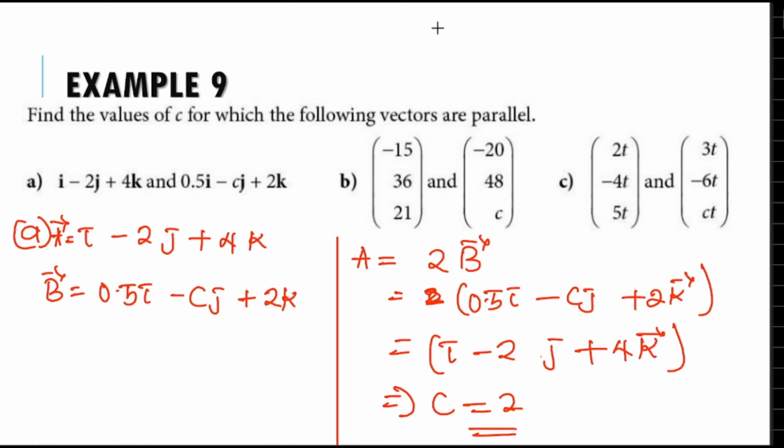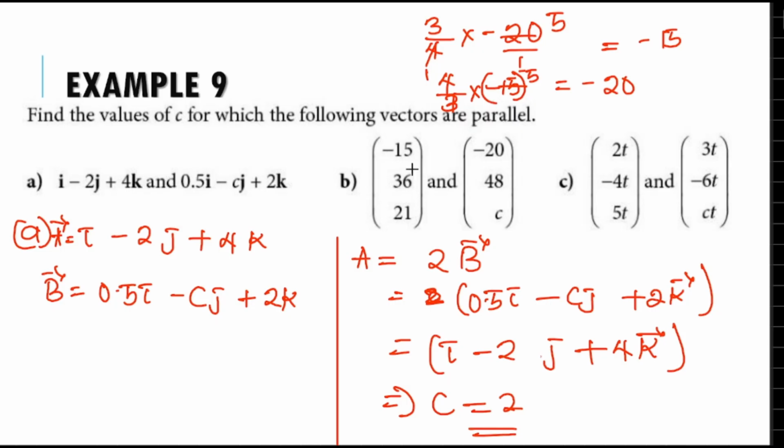You can see that if we do 3 over 4 multiplied by minus 20 over 1, 4 here 1, 4 here 5, this will give us minus 15. Does it make sense? So if we do 4 over 3 times minus 15, 3 here 1, 3 here 5, minus 5, the answer will be minus 20. Good. So if we multiply the first vector by 4 over 3, we're going to obtain the second vector.